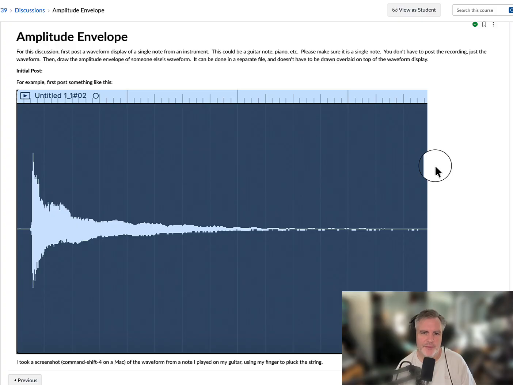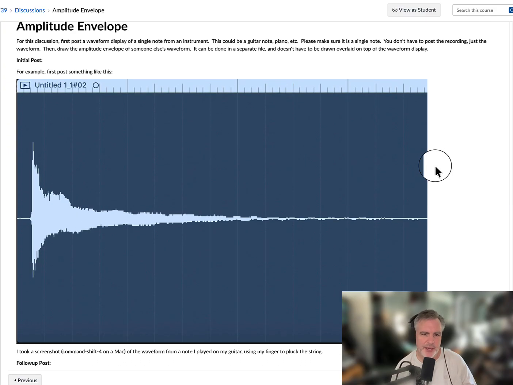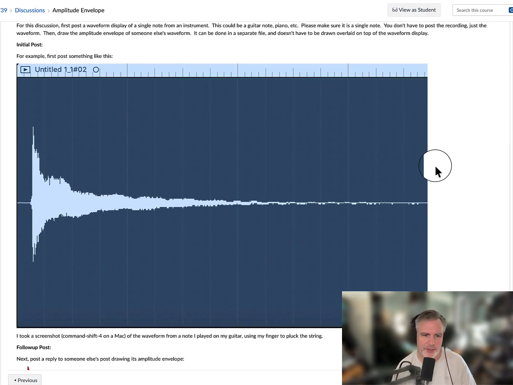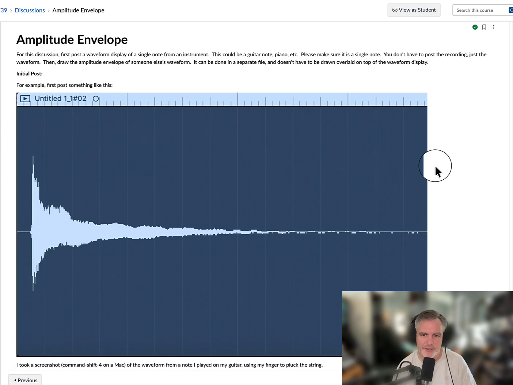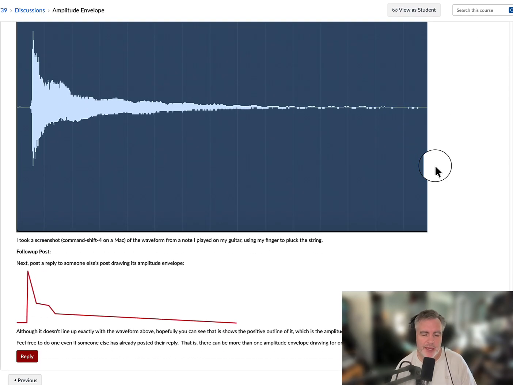I'm not going to care where you got the waveform image from. It's kind of cool to go look at them and chop them and then take screenshots. So that's what I did here. This must be a guitar note too, because I have lots of guitars, sorry. And then, as a follow-up, you just have to post that for your initial post.